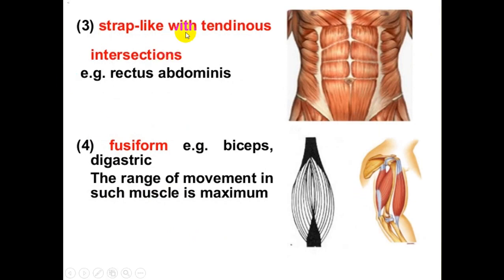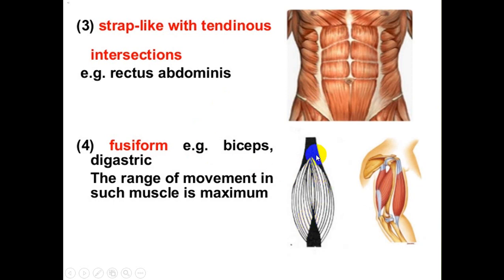This third category can also be included in the same group of strap-like muscles, but it has tendinous intersections which interrupt and divide the muscle into multiple bellies. Then the next category are the fusiform muscles, which have a parallel, almost parallel, arrangement of muscle fibers as compared to the line of pull.